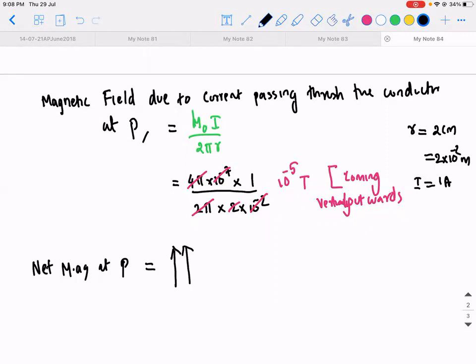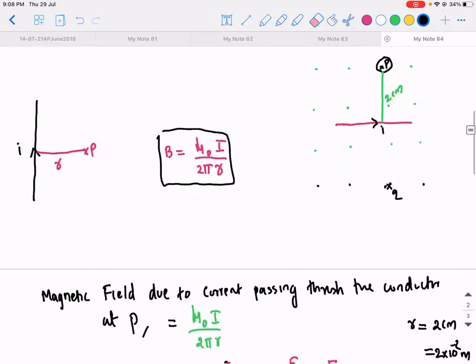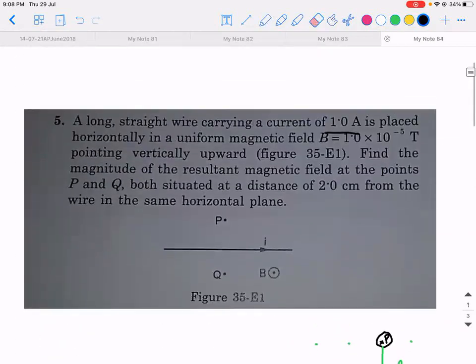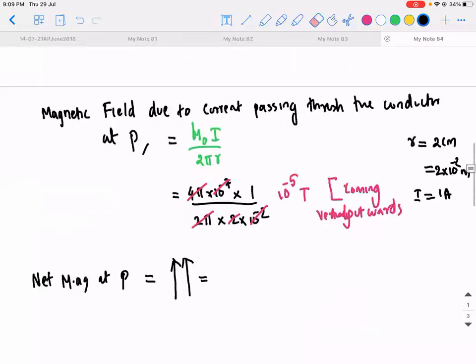The net magnetic field at P is equal to the external magnetic field plus the magnetic field due to the current carrying conductor.